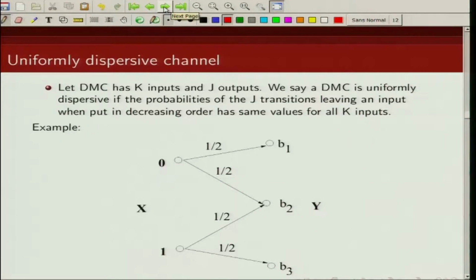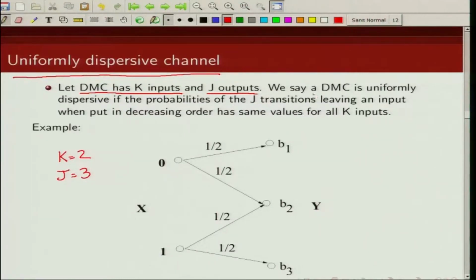Now, let us consider some very simple channel. So, first channel that we will consider is what is known as uniformly dispersive channel. So, we are considering a discrete memoryless channel which has k inputs and j outputs. For example, in this particular case, k is equal to 2 and j is equal to 3.